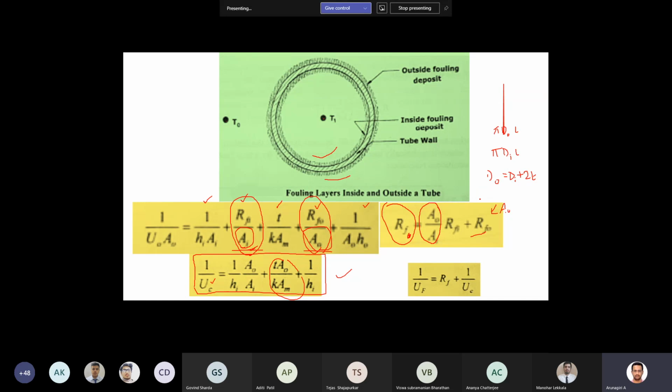But in this case, the fouling thickness also you have to calculate. But we are doing the design very early. Okay, so initially the performance of the heat exchanger will be higher, and over the period, after 3 or 4 years, fouling occurs over the surface. This leads to a decrease in the performance of the exchanger. Correct? So during the design itself, we have to account for this fouling resistance.